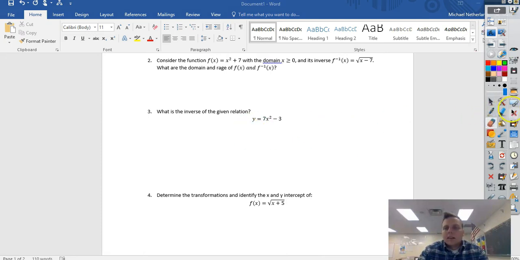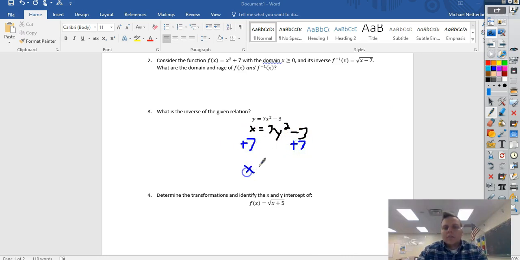So we're going to say x equals 7y squared minus 3. Now I need to solve for y. I start off by adding 3 to both sides.